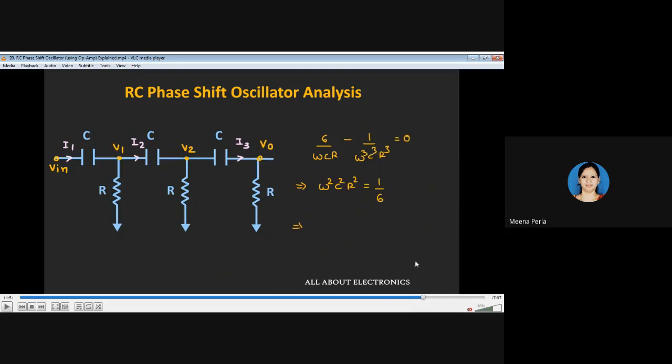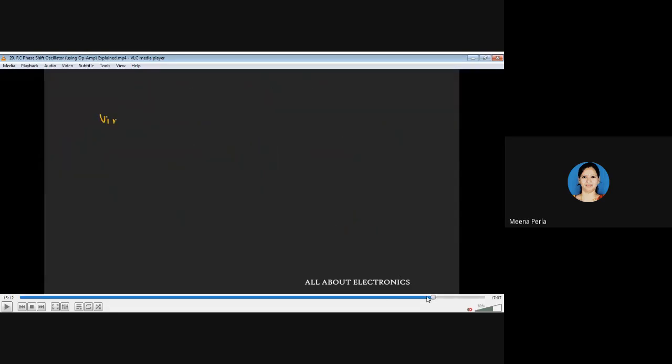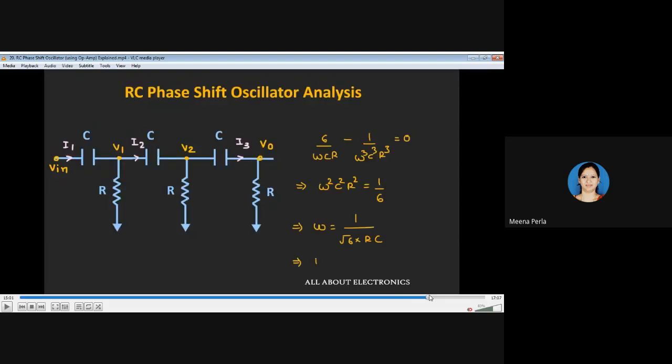So we take this term and equate it to 0, and then we write omega square C square R square is equal to 1 by 6. And then we got the equation for frequency. So the final equation for frequency is this.